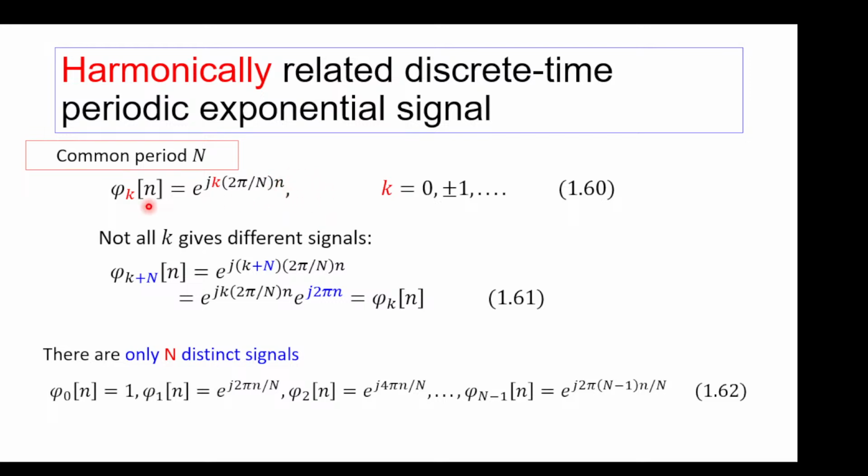Your signal will be e to the j k times this fundamental frequency, which we write as 2 pi divided by big N, times small n. So those are your harmonic signals, and k will be integers once again.